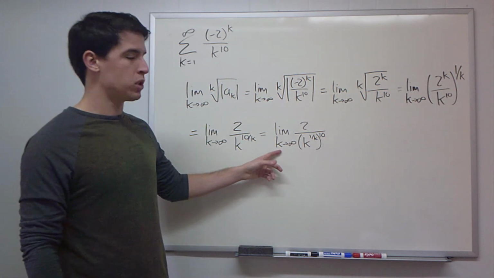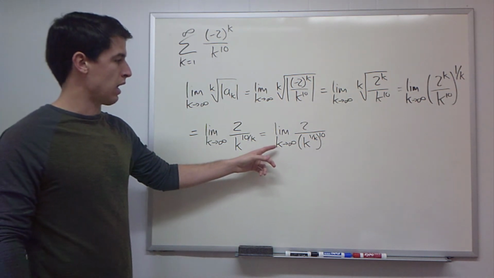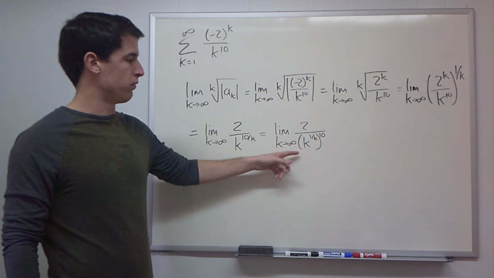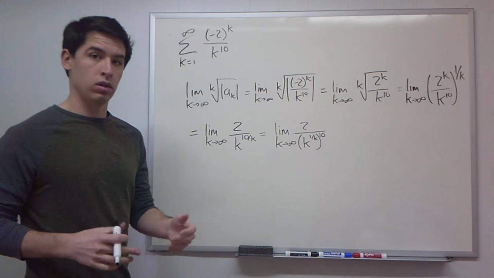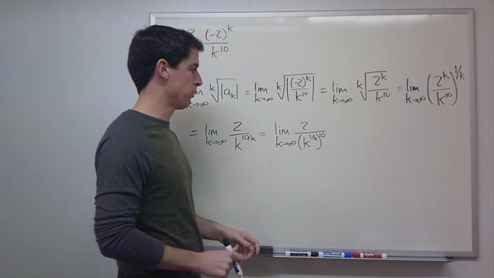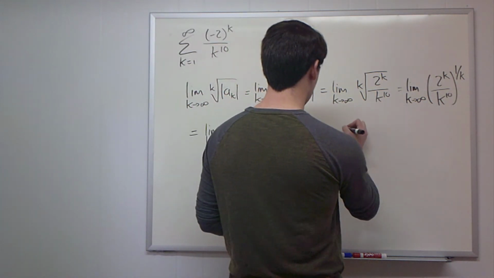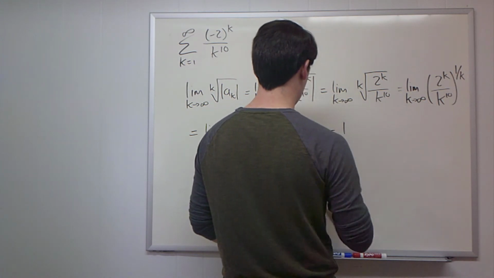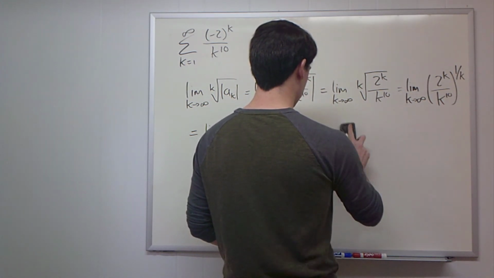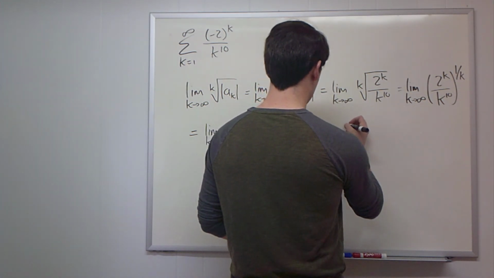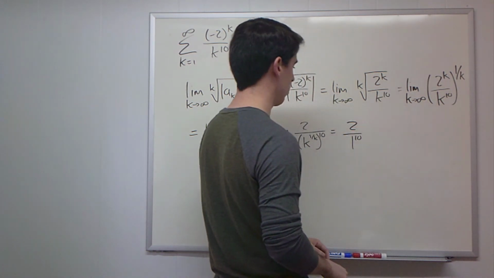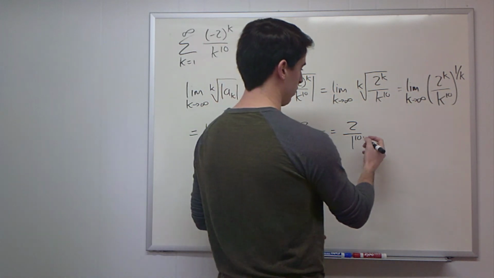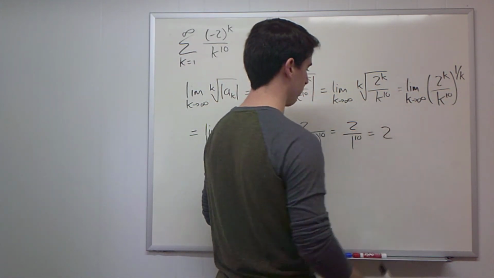Now, we've shown in another video that the limit as k goes to infinity of k to the 1 over k is equal to 1. I'll put a link in the description for that video. And so this limit becomes just 2 over 1 to the 10, which is just 2.